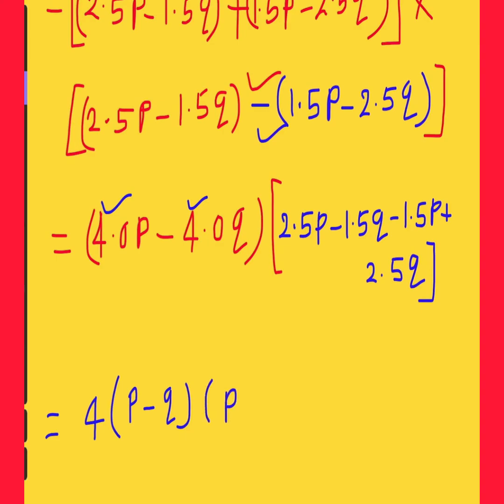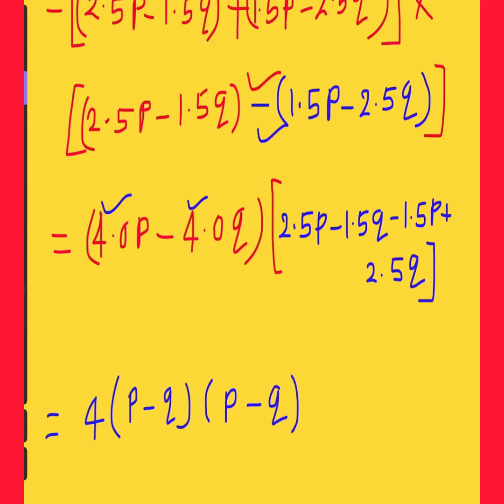Then this is the positive 2.5q and this is the negative 1.5q. Again you subtract these two, so 0.5 minus 0.5 is 0 and 2 minus 1 means 1, so you can directly write q.